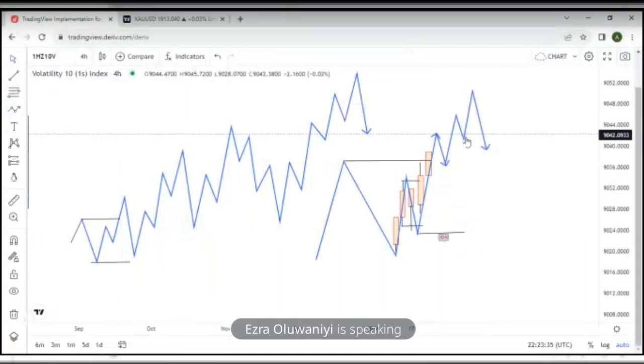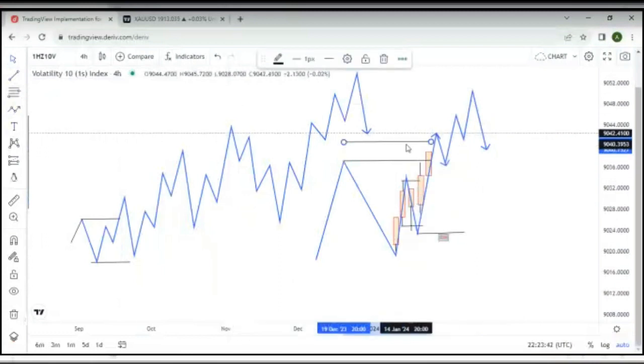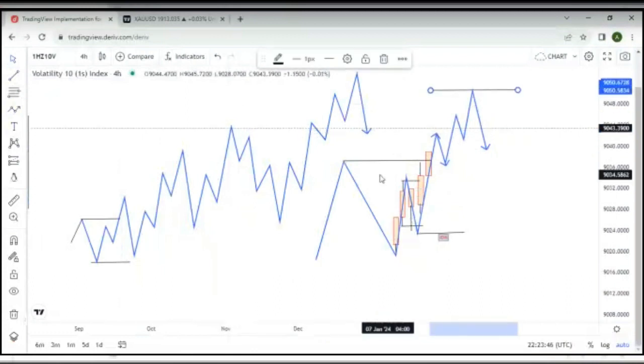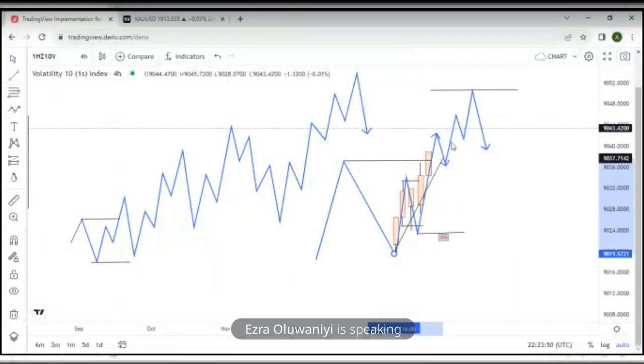As soon as price clears this inducement, this high becomes our new valid high. So our new range is from this low here to this high here. So that's that about the structure marking.